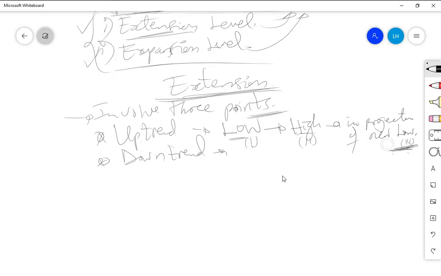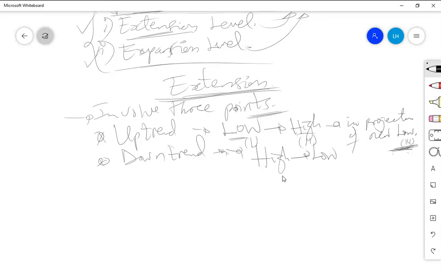So now we'll go to see on TradingView how we can carry this. And then in a downtrend, it is vice versa, whereby you'll take a prior high to the low, in the projection.